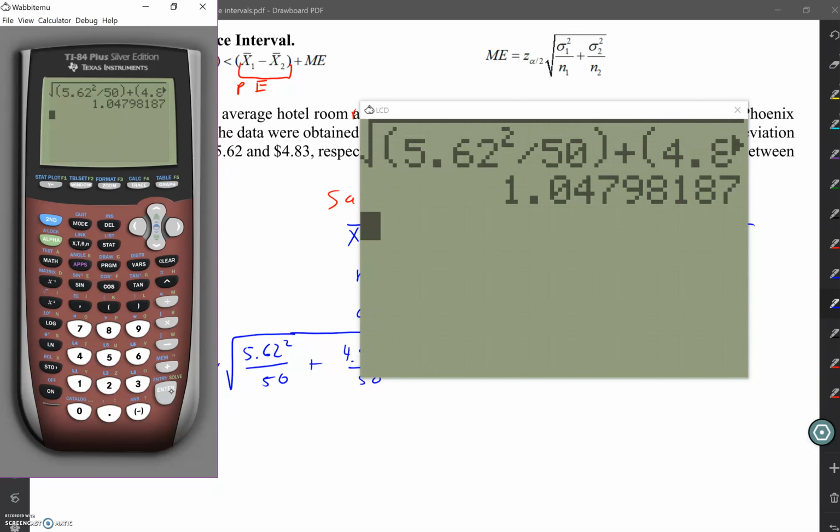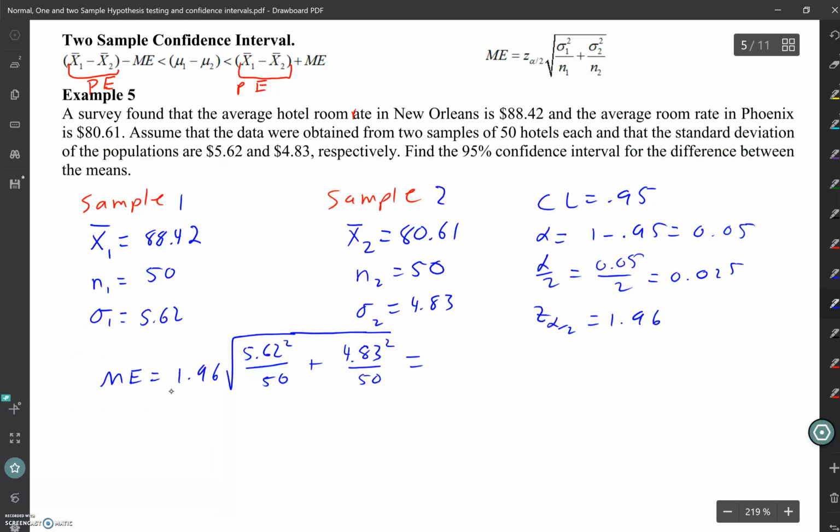And you can do it a piece at a time and kind of add it together. Doesn't make too much of a difference. All right. So then what I want to do is take that number. I got 1.0, go to 1.05. You can round to slightly different places if you want.